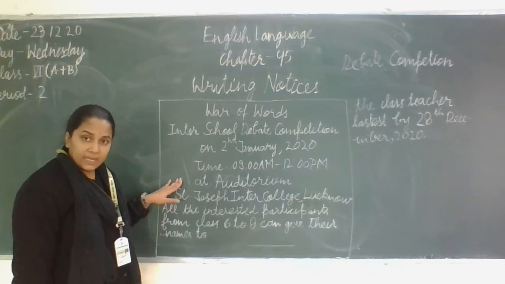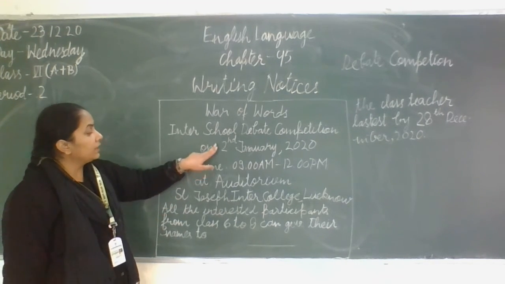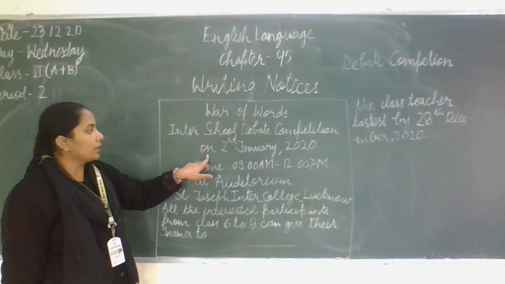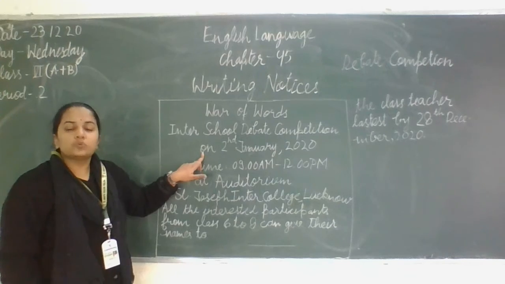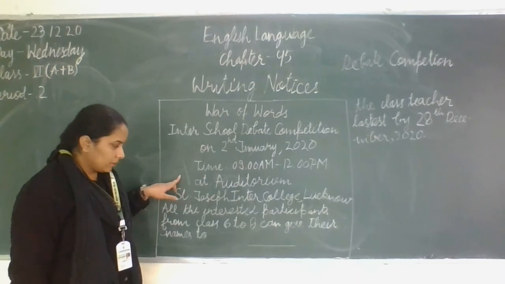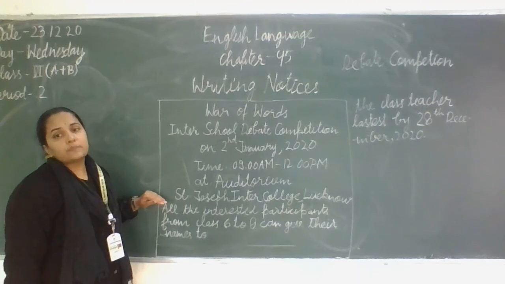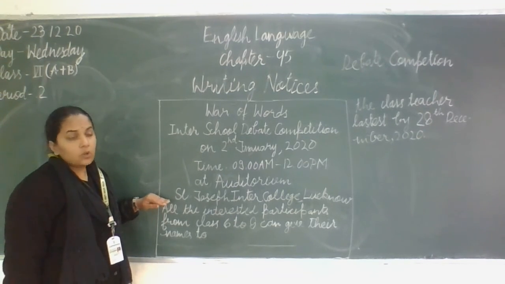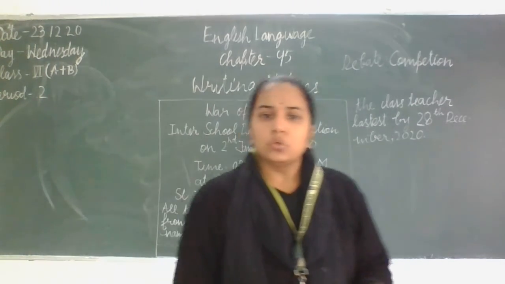After that, the place, the venue, you can write it here. Here also, instead of on, you can put the heading date or you can write on, which is used to write the date. The venue we have mentioned and then the one line description of the event. So this is the way we write the notices.